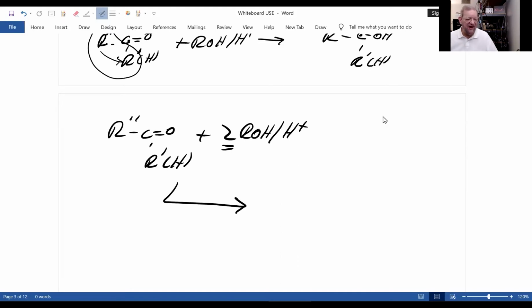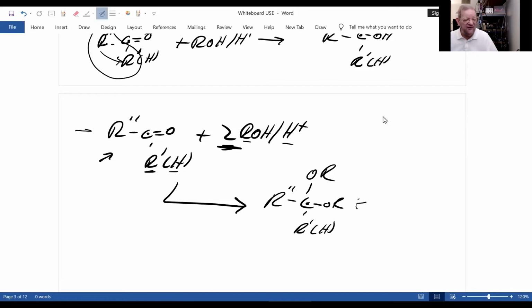And if we take an aldehyde or ketone, when R prime is hydrogens, an aldehyde, when R prime are carbons, it's a ketone, reacted with not one, but two molecules or moles of an alcohol, acid catalyst. Keep your eye on the carbonyl carbon. That's where the fun is. And you get, in this case, an acetal or ketal.